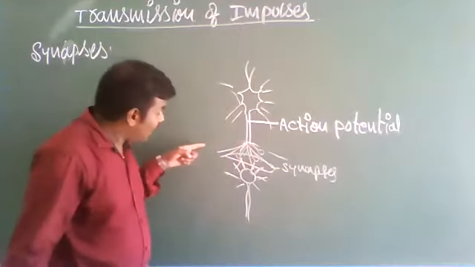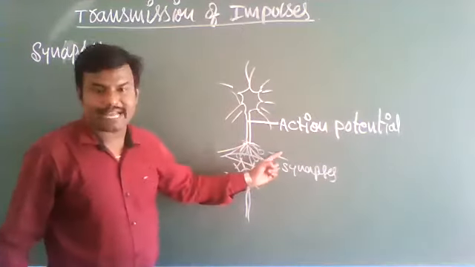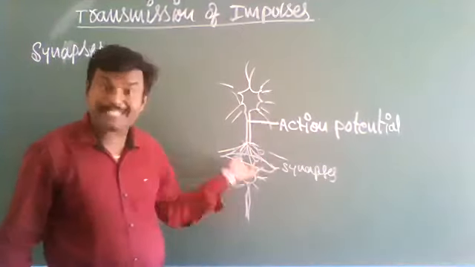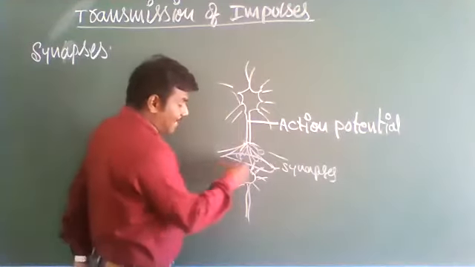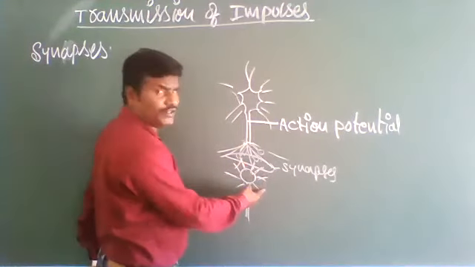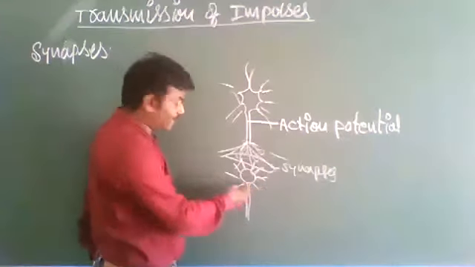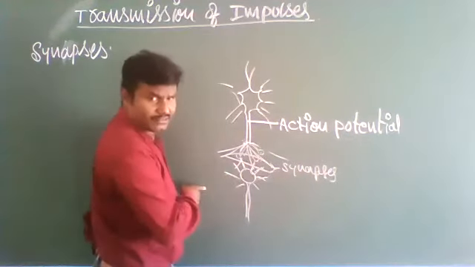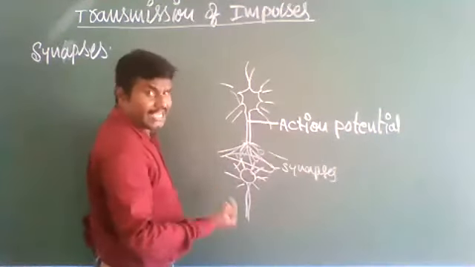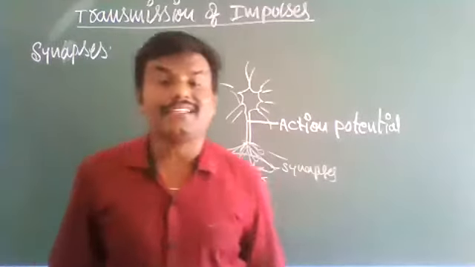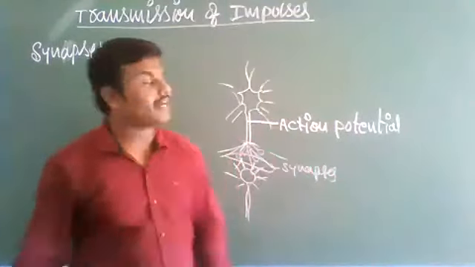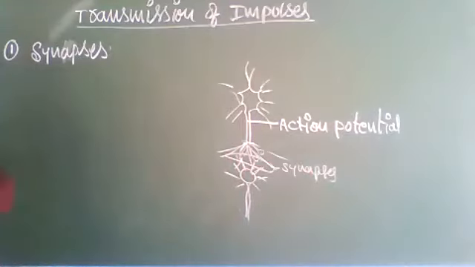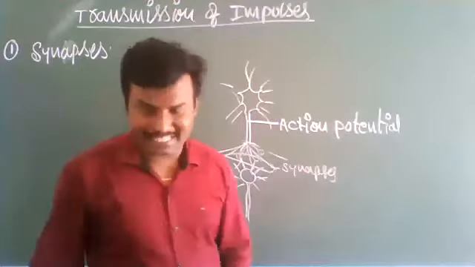These branches form junctions with dendrites of another neuron, muscles and secretory glands in the muscles. That is the first point of the transmission of impulses.